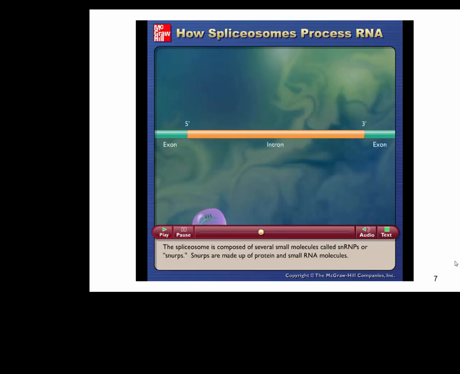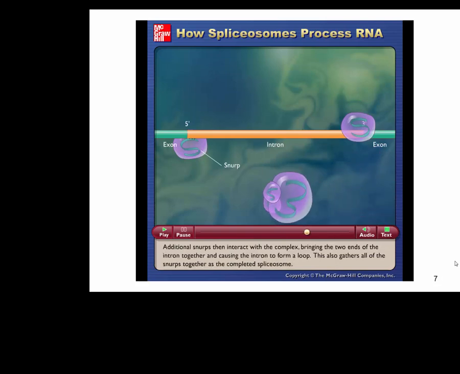The spliceosome is composed of several small molecules called snRNPs, or SNRPs. SNRPs are made up of protein and small RNA molecules. Formation of the spliceosome begins when one kind of SNRP binds to the 5' end of an intron, and a different kind binds to the 3' end of an intron.